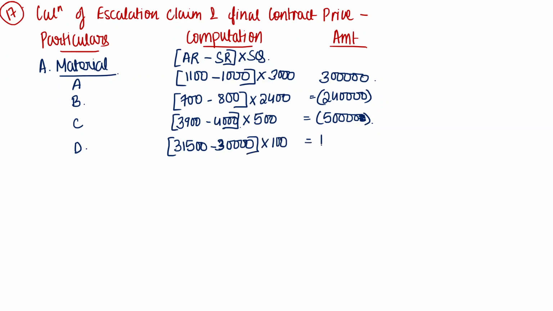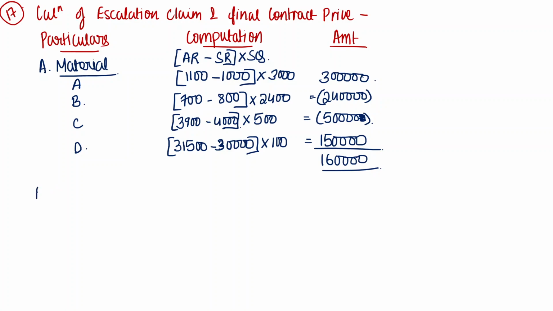That is equal to 1,50,000. So overall for material, the escalation claim is 290 gone, 50 gone, 1 lakh gone, 140 to be subtracted. That would be 160. Right?